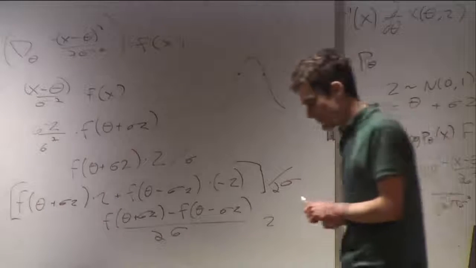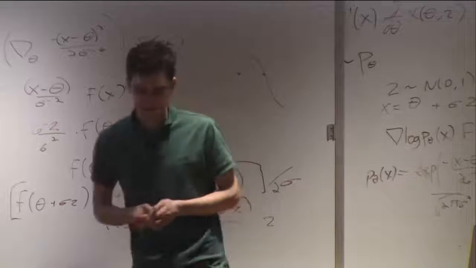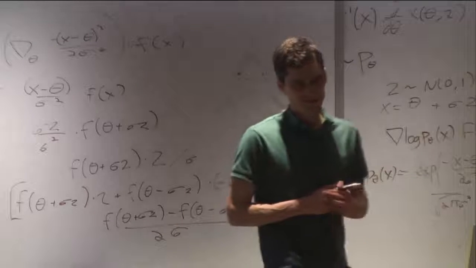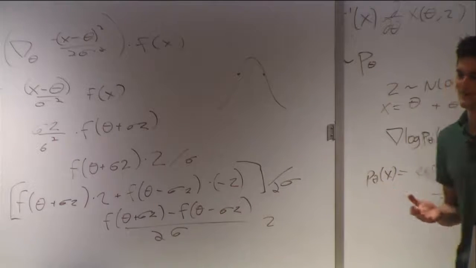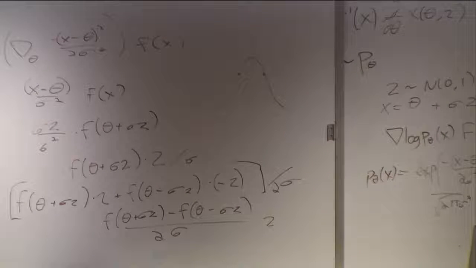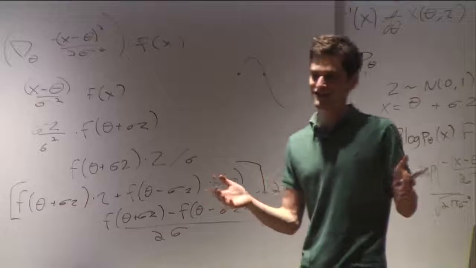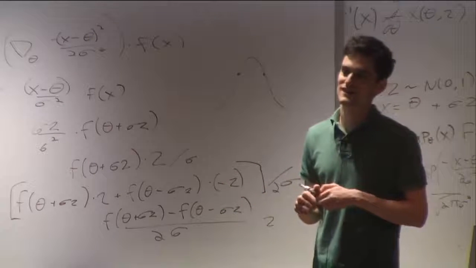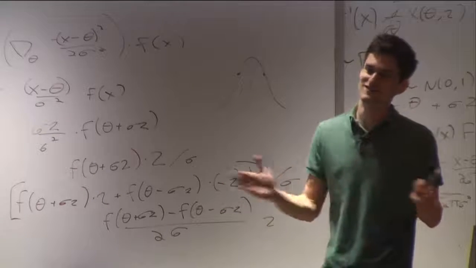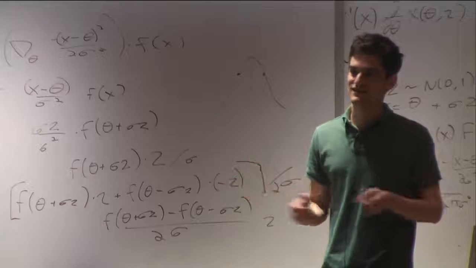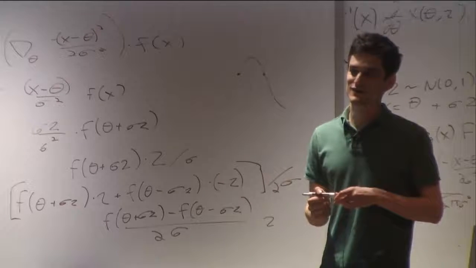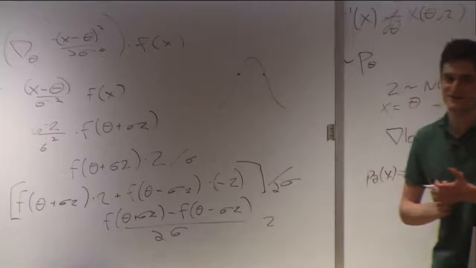And one thing you can take from that is that when you use the score function estimator, which is what we do with policy gradients, you're actually doing something very much like finite differences. So in policy gradient methods, you're sampling a random set of actions, and then you're doing the score function estimator. That's kind of like doing finite differences in action space, or in the space of action sequences. This is a kind of hand-wavy argument, but in effect, that's sort of what you're doing.